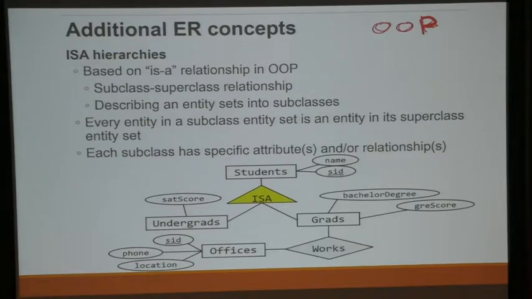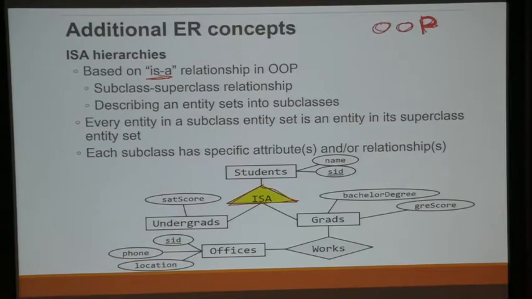So this is that kind of relationship being captured in a database. And we capture it using this triangle. So every undergrad is a student, every graduate student is a student.